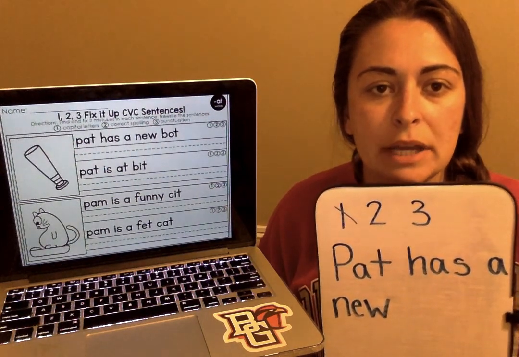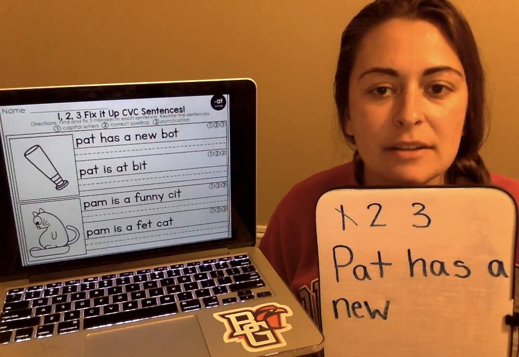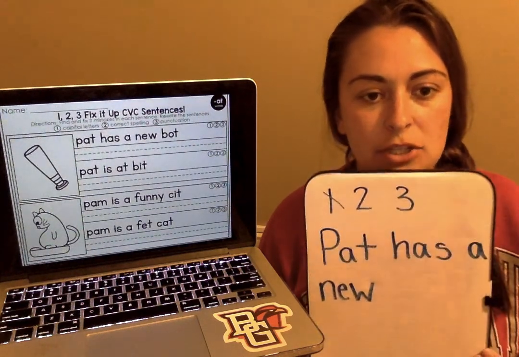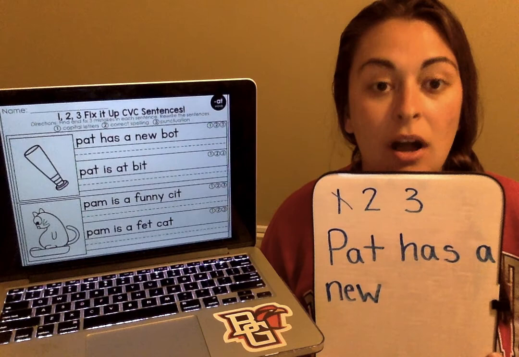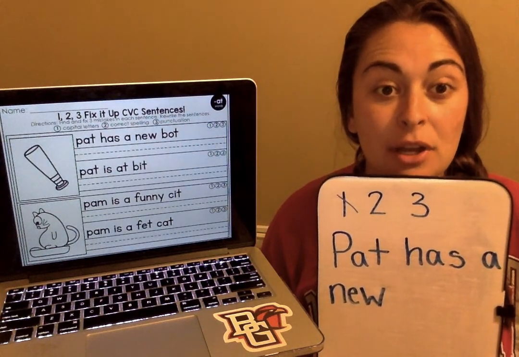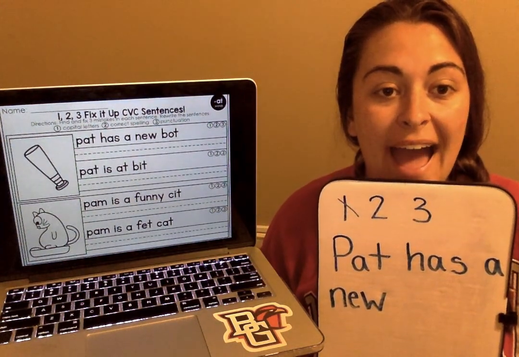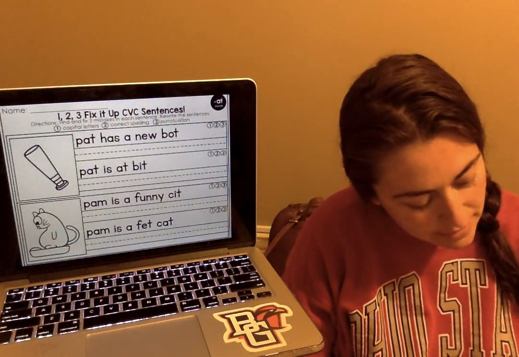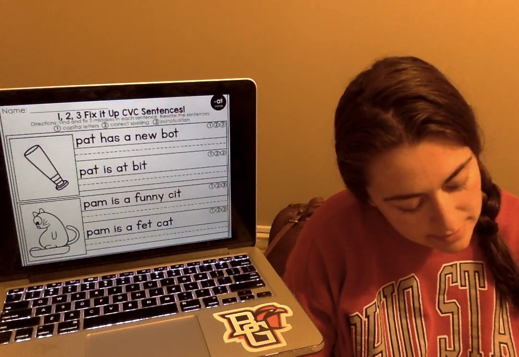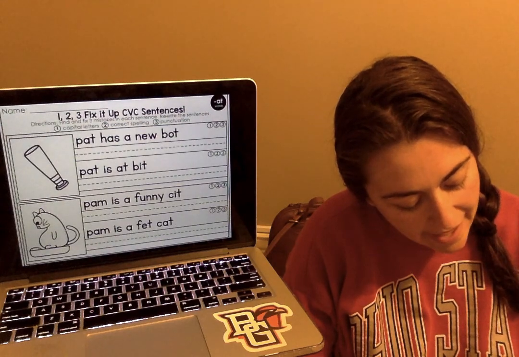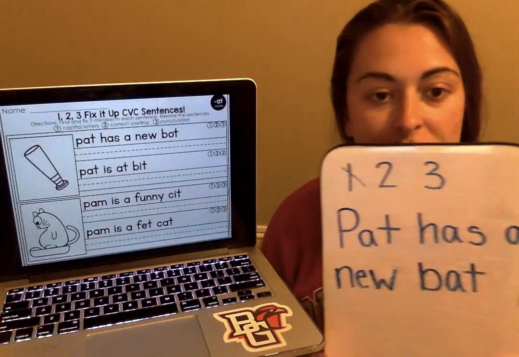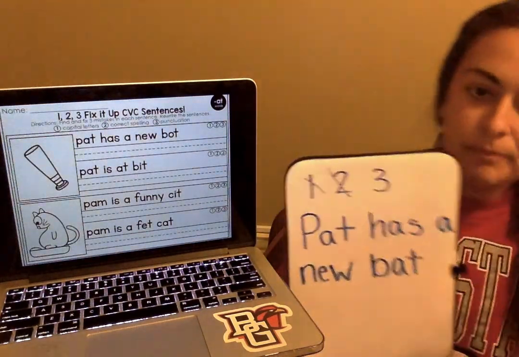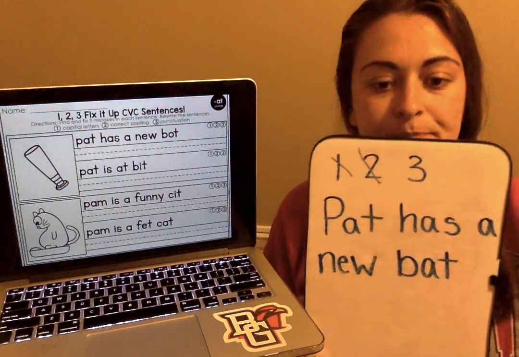Beginning, middle, or end we need to change. Awesome, we need to change that middle from an A to a sound. So B-A-T. B-A-T. Good, so we made sure all the words are spelled correctly, so we can cross out that too. We did our second thing.